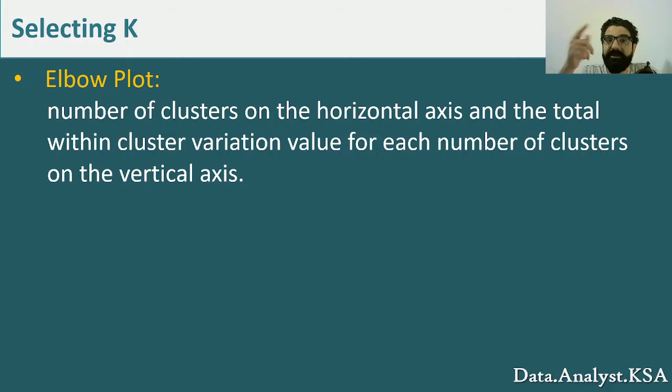I'm going to calculate the total within cluster variation, like the equation we showed in the K-means slide. For K equal 2, I'm going to check the total within cluster variation. And for the range I'm satisfied with, let's say 5 or 6 clusters, I'm going to check the total within cluster variation for every value of K.